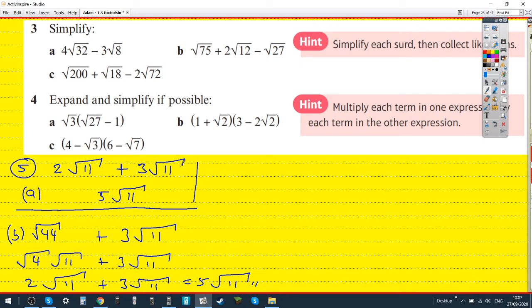So how would you go about, let's say, 3a? Okay. Wait, so would you make 32, 8 and 4?